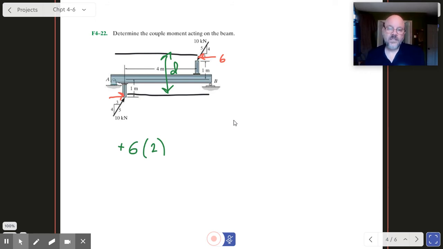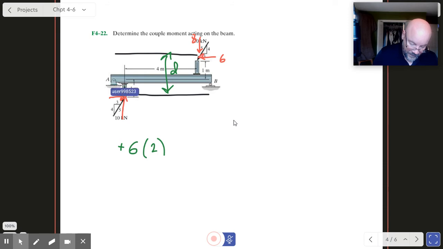Now we can also do the vertical components. I've got an 8 here and an 8 here. If we look at their lines of action like this, the distance between them is 4.